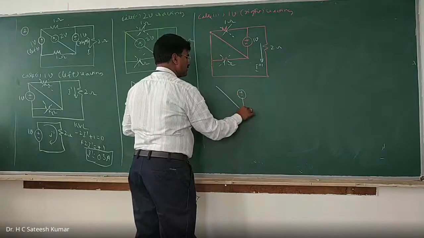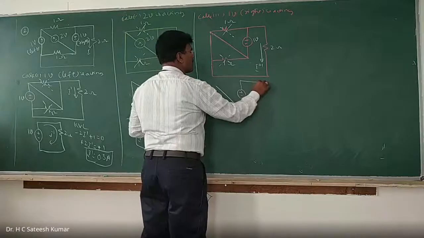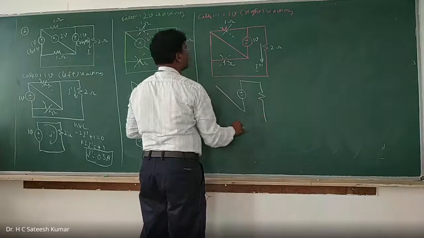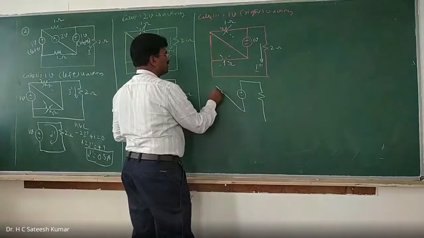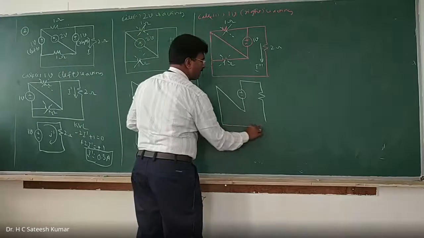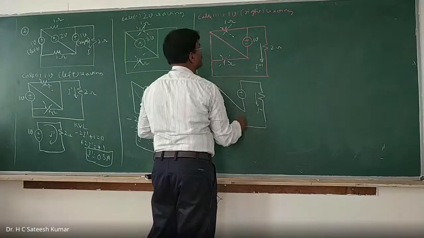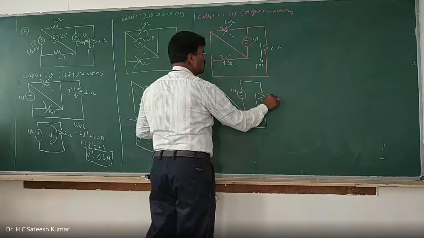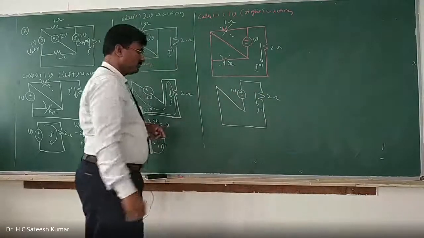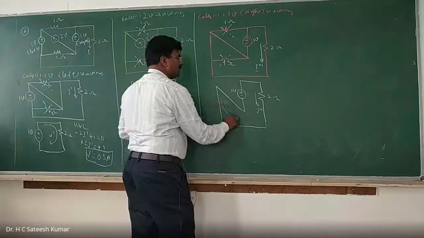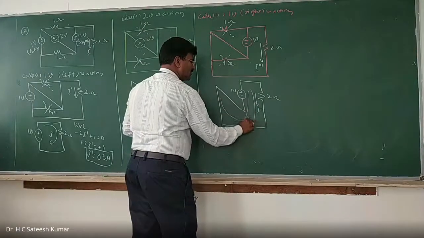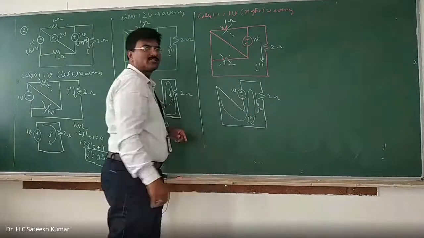Plus minus, this is I triple dash, 1 volt, 2 ohms. Okay, apply KVL. This loop current itself is I triple dash, only one current is there, no? We call it I triple dash.